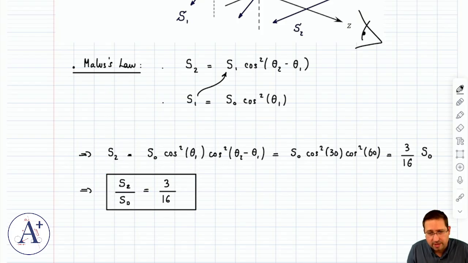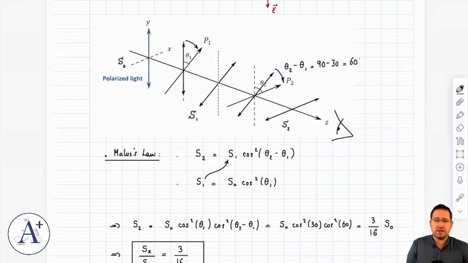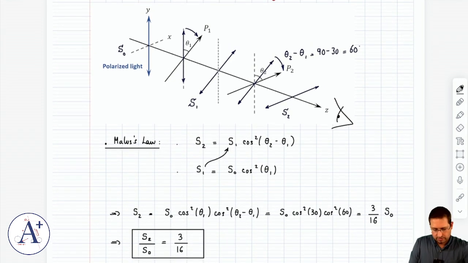All right, so polarizers, not that bad at all. There are a few things you have to keep in mind. The first one is that the direction of polarized light that we care about is the direction along which the electric field oscillates. It doesn't matter what the magnetic field does, we can figure that out, but when we say direction of polarization, we mean the direction along which the electric field oscillates.